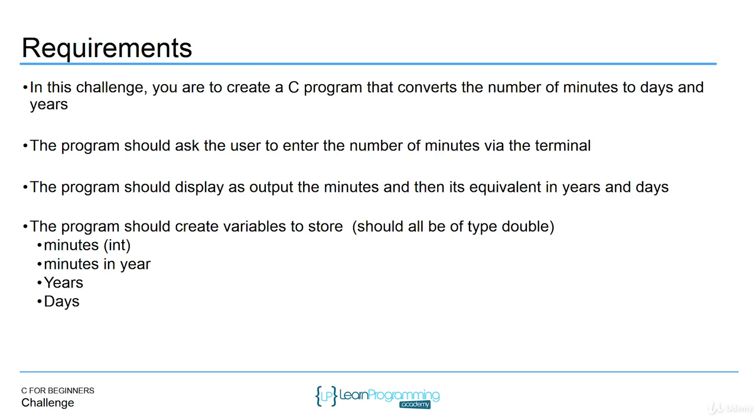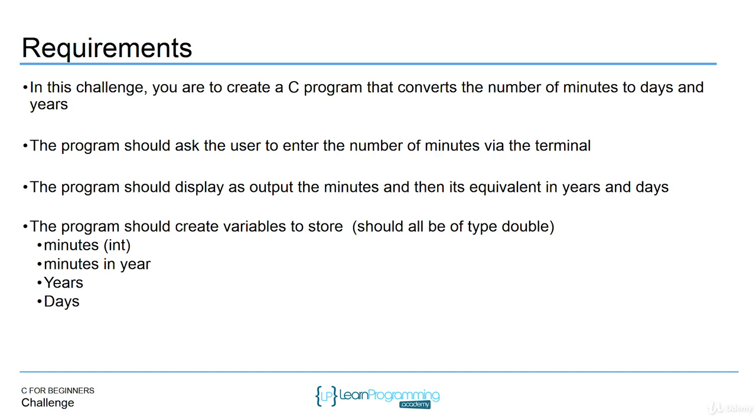You can use the minutes in the year to actually calculate the number of years, right? Because the user is just going to enter the minutes. You need to know how many minutes are in a year to display the number of years, right? So I would expect you to have a variable called minutes in year.